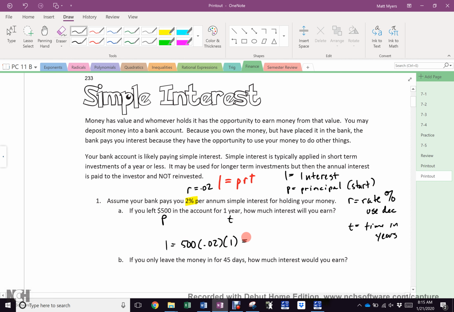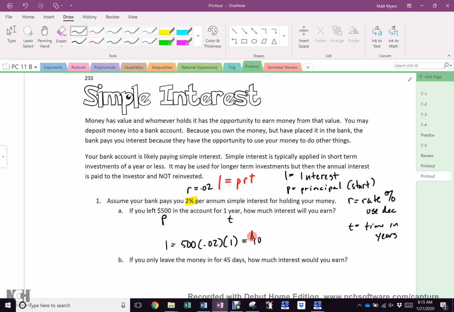And you would punch that in. Of course, you all know that 2% of $500 is... What's 10% of $500? 50. So what's 50 divided by 5? So it is $10. At the end of 1 year, you will have $10 in your bank account, or $510 instead of $500.